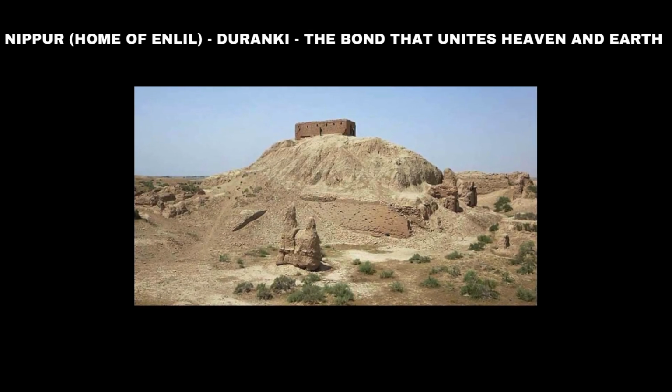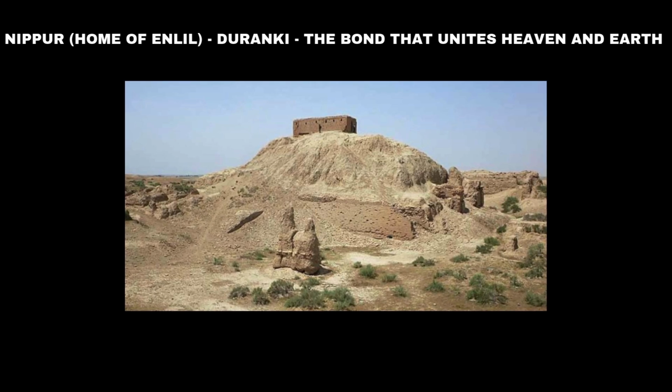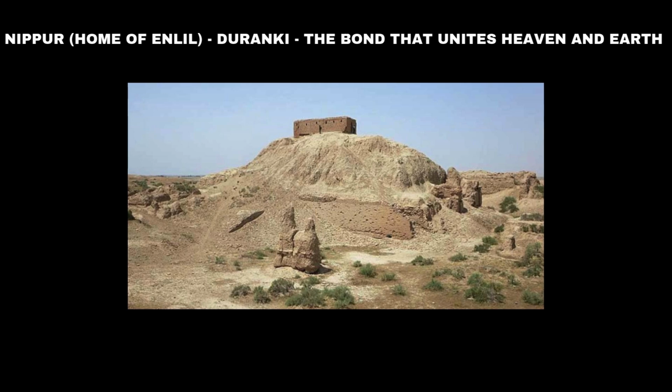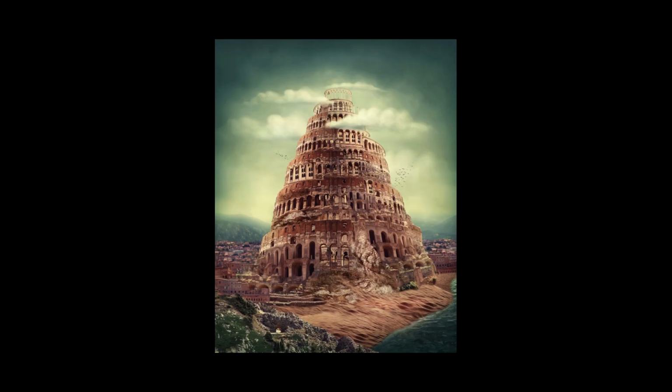Yahweh, who was known as Enlil, built his own tower first, called Duranki, which means bond of heaven and earth. He leaves, and then the humans build a similar structure.